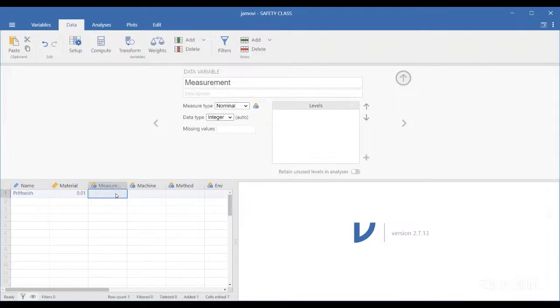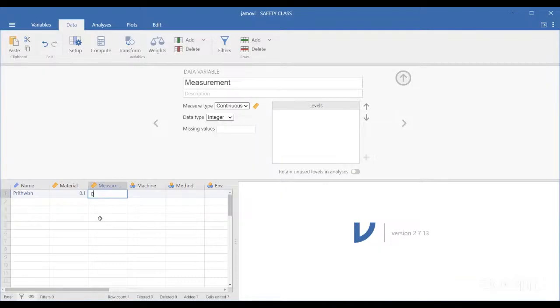So, Pritish, are you telling 0.01 or 0.10? I'm telling material as 0.1. Next is the measure, which will be continuous. Pritish, do not take much time. Yes, sir, it is 0.2.